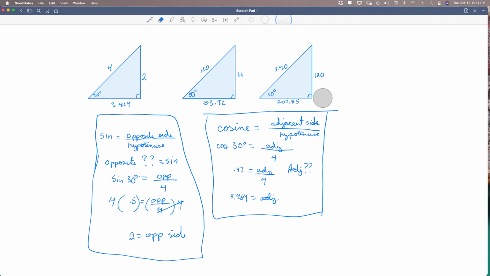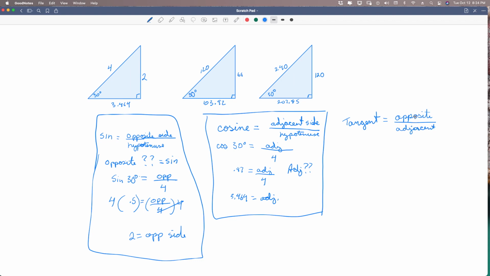All right, so we have one more to talk about, and that's tangent. So with tangent, that's this right here, T-A-N-G-E-N-T. We are looking for the opposite side in relationship to the adjacent side. And I can't spell adjacent. There we go.